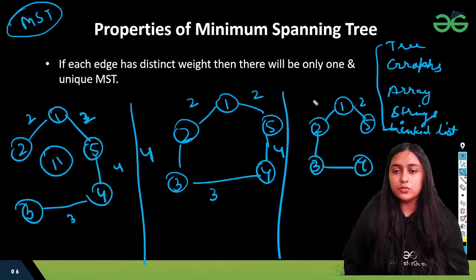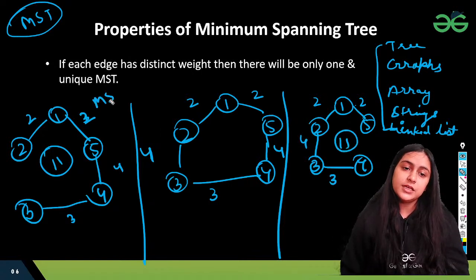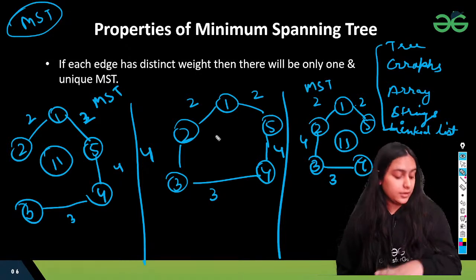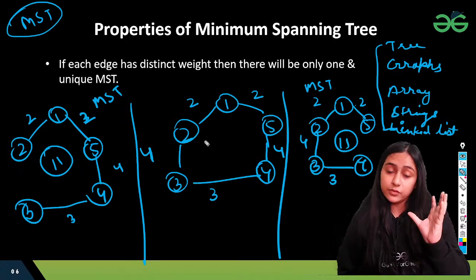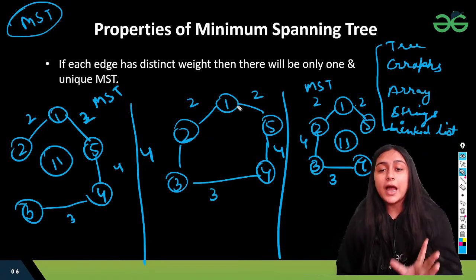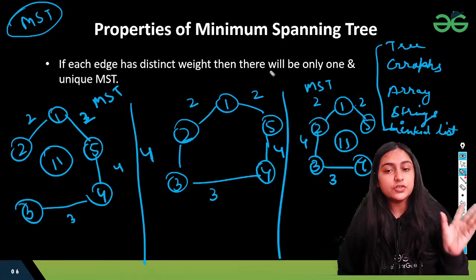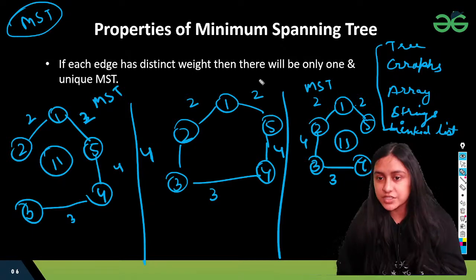Okay, 2, 2, 4, 3. अगेन दिस इज 11. ये भी हमारा एमएसटी है, ये भी मेरा एमएसटी है. सो यहाँ पे द पॉइंट इज दैट अगर इफ ईच एज हैज डिस्टिंक्ट वेट, अगर सारी एजेस के डिफरेंट वेट्स हैं, देन इन दैट केस देयर विल बी ओनली वन एंड यूनिक एमएसटी. और अगर ये कंडीशन ट्रू नहीं है तो देयर कैन बी मल्टीपल एमएसटीज ऑल्सो.